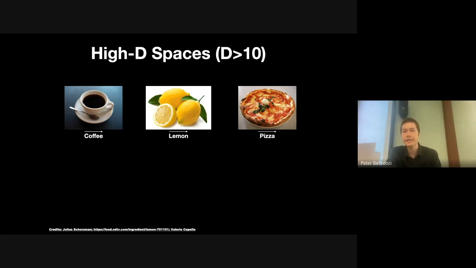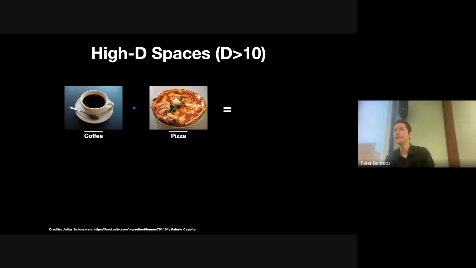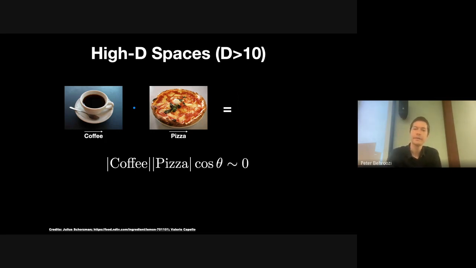If I take two random flavors like coffee and pizza and I ask what's the dot product between those, that's a question of what is the overlap between different flavors. The dot product is formally the lengths of the two vectors times the cosine of the angle between them. If you ask anyone, did the pizza you had last night taste like coffee? They'll give you a blank look because that doesn't ever happen, right? So the dot product of two random flavor vectors is basically 0.